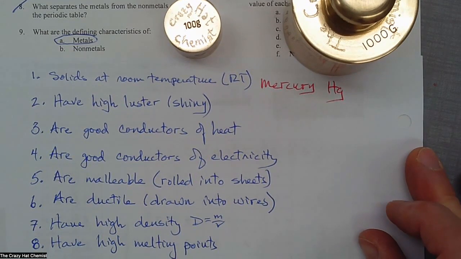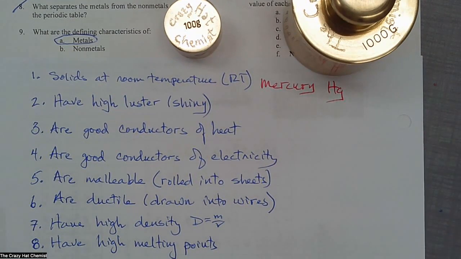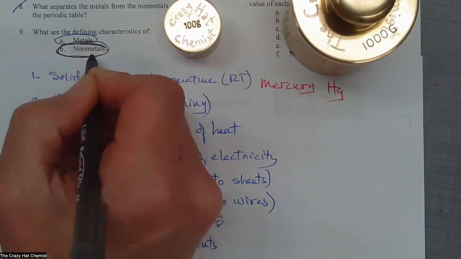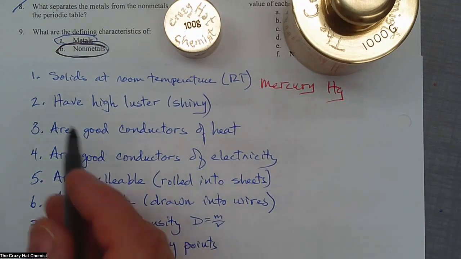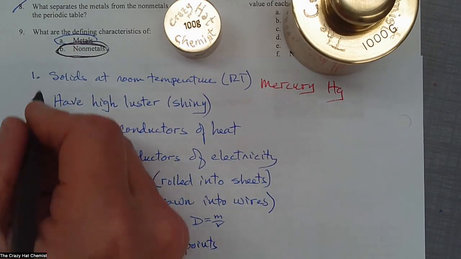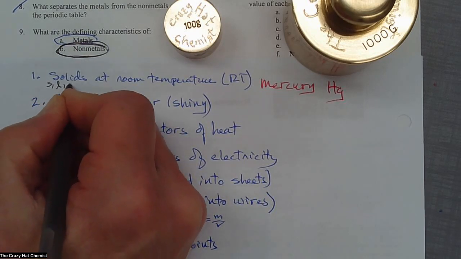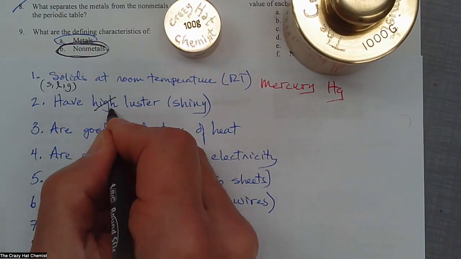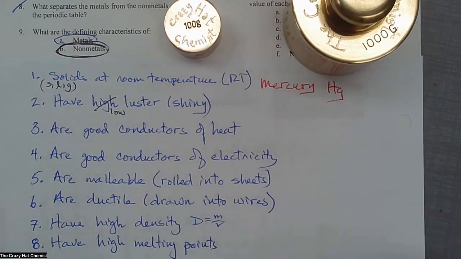And really, the nice thing about the characteristics of metals is the characteristics of nonmetals. So I'm going to do the nonmetals in black. They are not necessarily solids at room temperature and pressure. In fact, nonmetals are solids, liquids, and gases. Nonmetals have low luster.